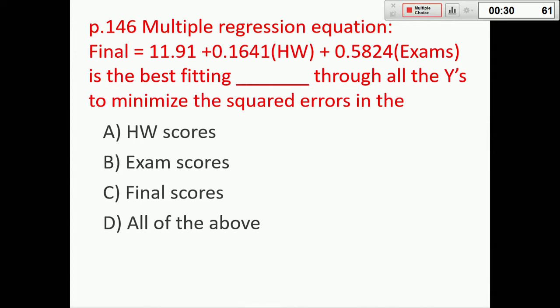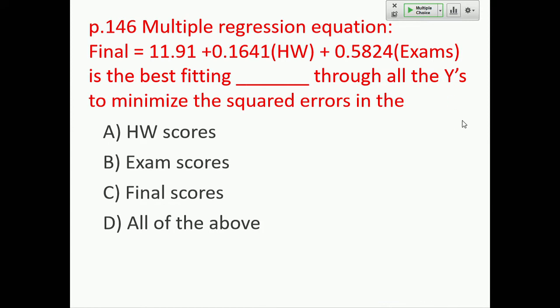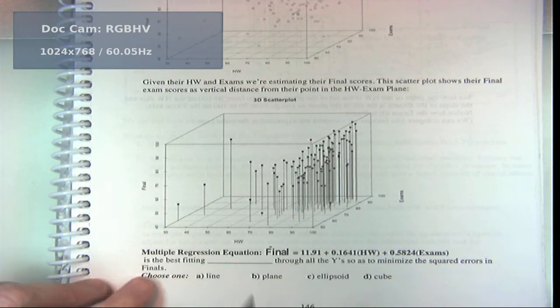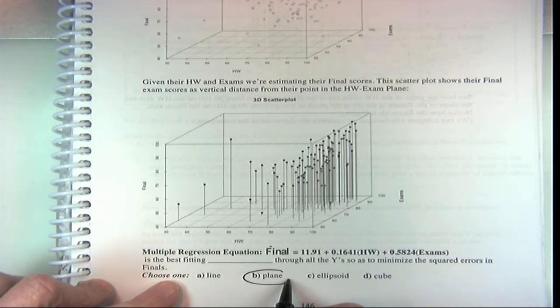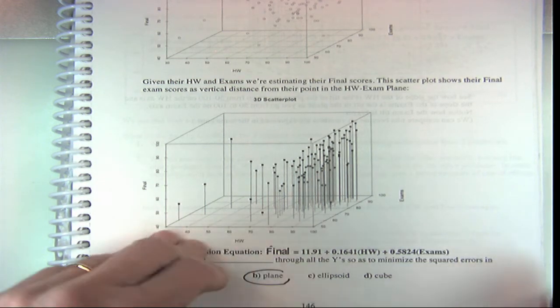Okay, I'm going to stop it in 3 seconds. All right, let's see. Its final score is C. Great. So now let's write that down. It's the best fitting plane through all the y's so as to minimize the squared errors in the finals. So let's look at the next page.